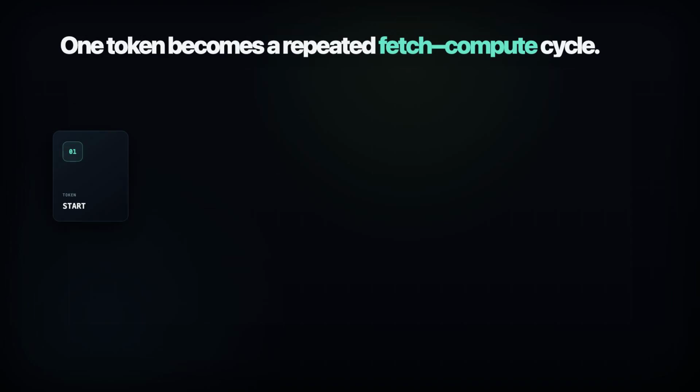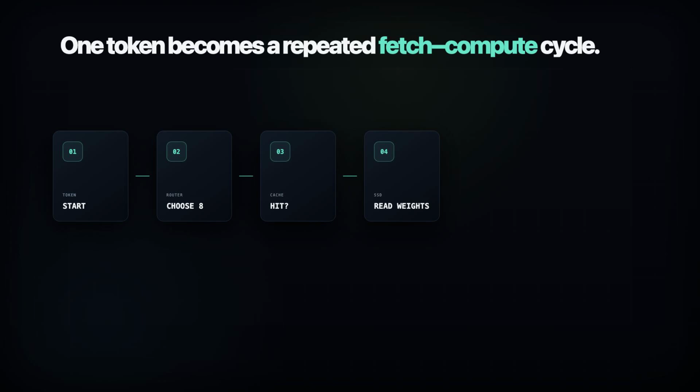Now imagine GLM 5.2 generating one token. The router reaches a mixture of experts layer and decides which 8 experts it wants. If those experts are already cached in fast memory, great. If not, Colibrì reads their weights from the SSD. The CPU runs the computation. Then the engine moves to the next layer, and the same process happens again. Across an entire token, only a subset of this enormous expert library actually has to move.